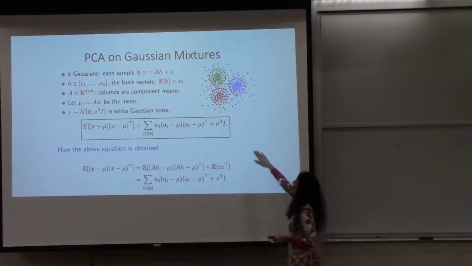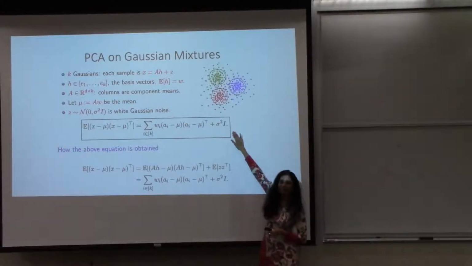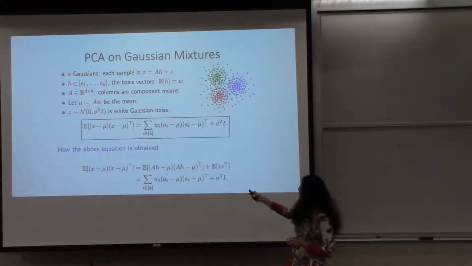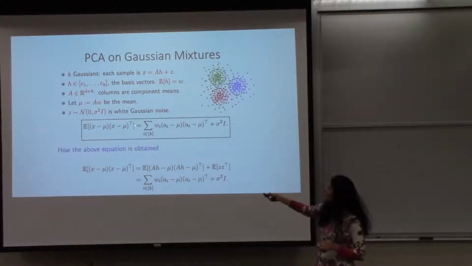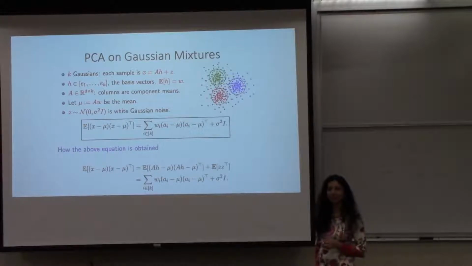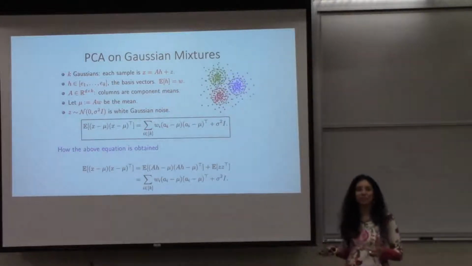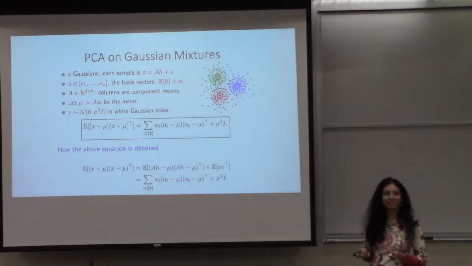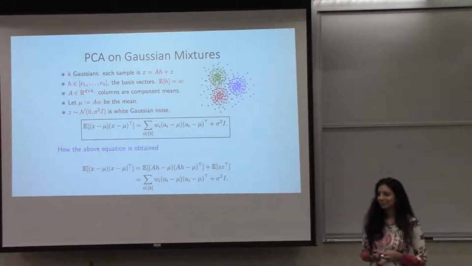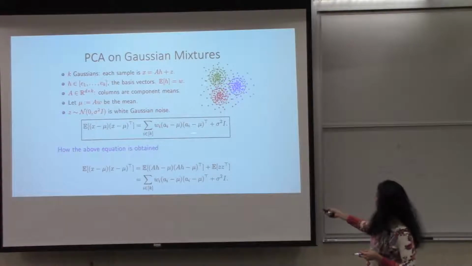And so it's clear that there is a spherical part from the variance, and then there is the part from the mean vectors, right? So what will PCA do here? What's your intuition? I've already given you this equation, right?